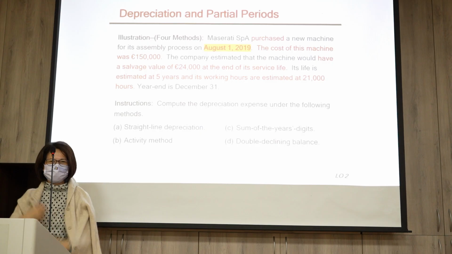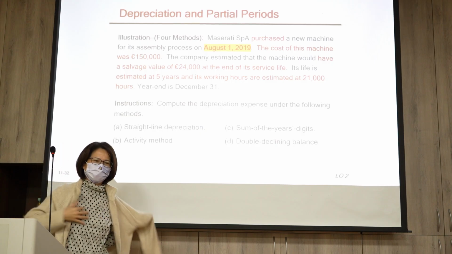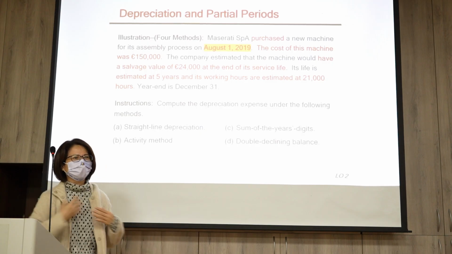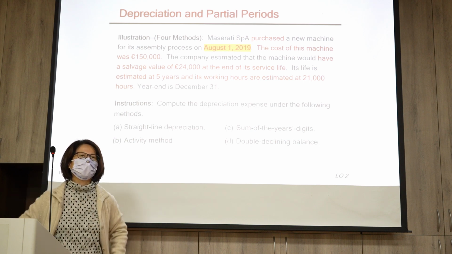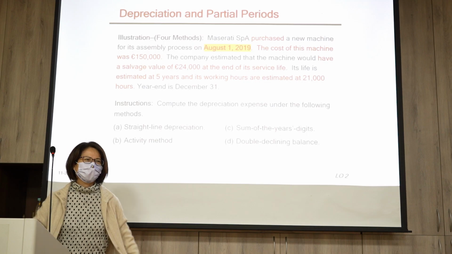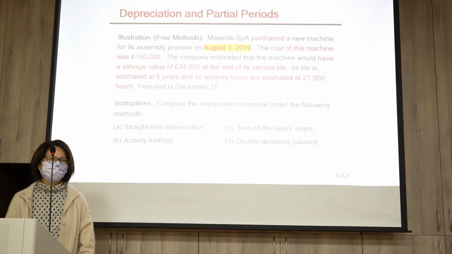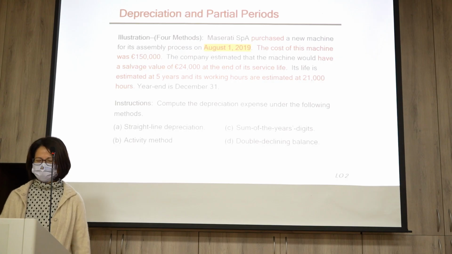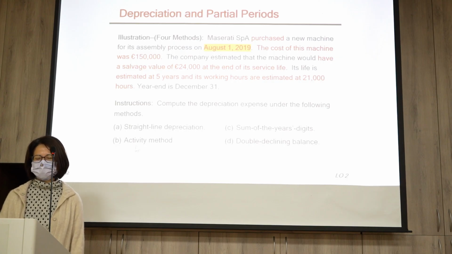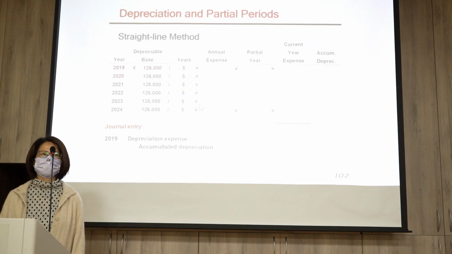It's legal, I think, as long as you can justify it. But always keep in mind there is one principle: consistency. All right, with this information, if we do straight line, let's quickly go through this.